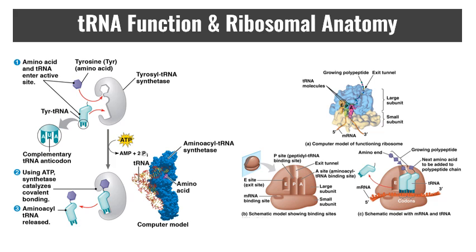You have the P site where the peptide bond will be made, the protein will be made, and the protein will form moving out of that exit tunnel. And then you have the E site where the tRNA will be able to leave. So the ribosome holds the tRNA and the mRNA in close proximity, allowing for the addition to the carboxyl end of the growing polypeptide, catalyzing the formation of the peptide bond.